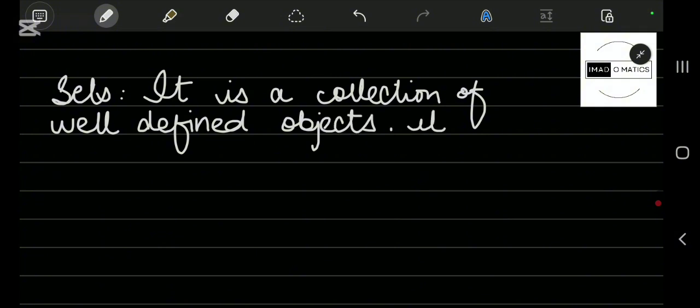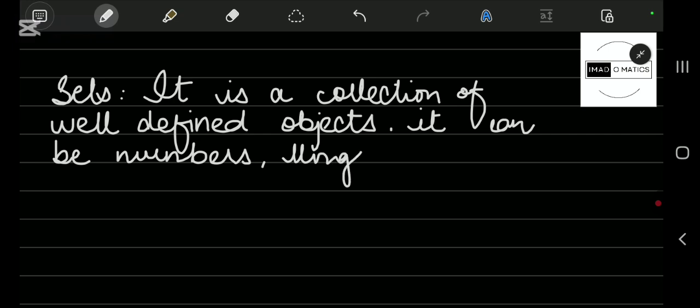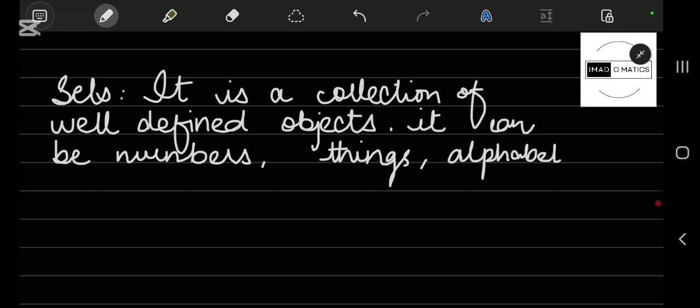It can be numbers, things, alphabets, or words or anything else.